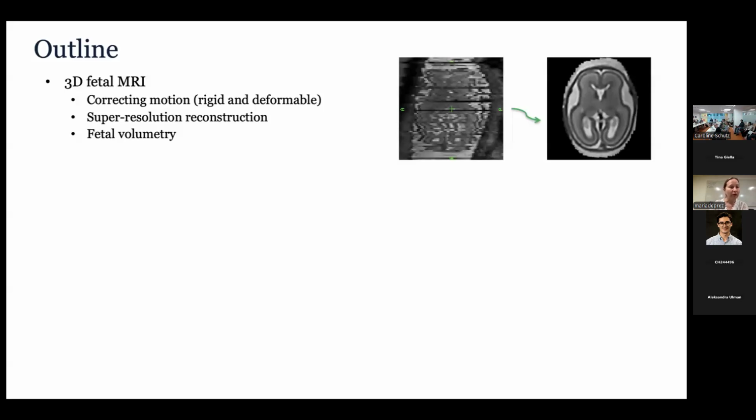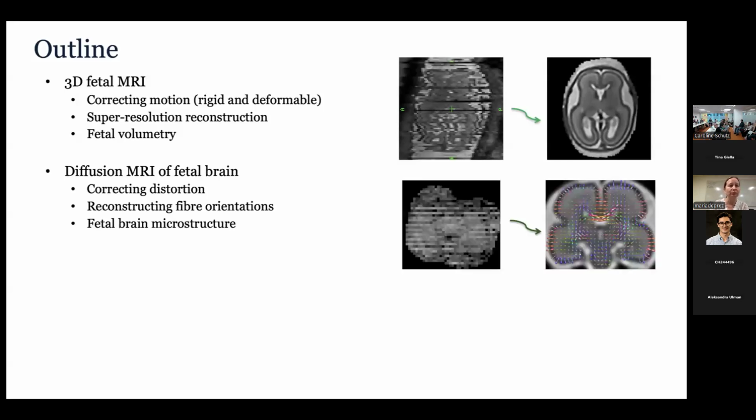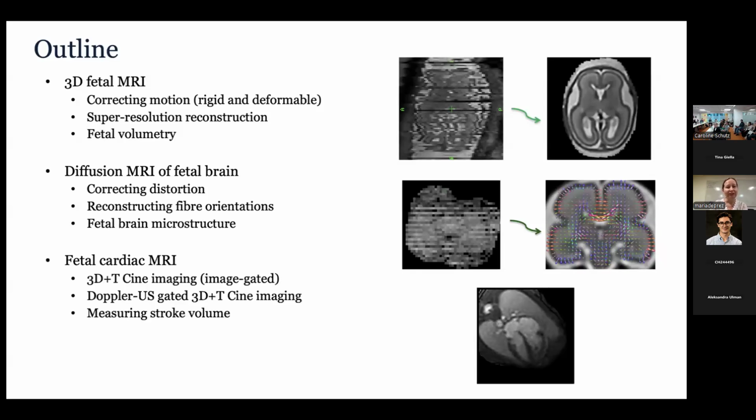So I will talk about motion correction, rigid and deformable, super resolution reconstruction, and a few clinical applications with fetal volumetry. Then I will tell you about how we reconstruct fetal diffusion MRI. This is an example of a more advanced modality, and our experience with fetal cardiac MRI as well, imaging the moving heart. This is really tricky in fetus, but it can be done.